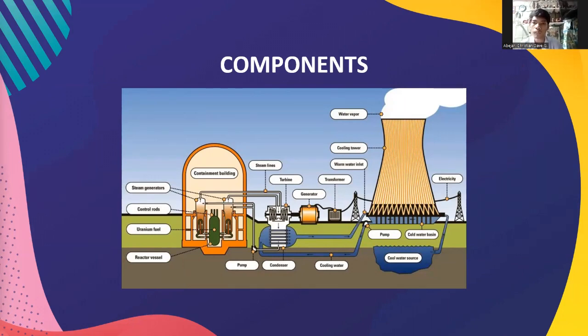Then from the underground, we have a pump, condenser, and cooling water to the pump. We have a cooling tower that is the cooling water source, and then a transformer for the electricity. And this is the visual image of the components in a nuclear power plant. So, next slide.